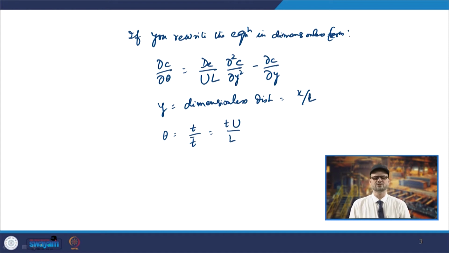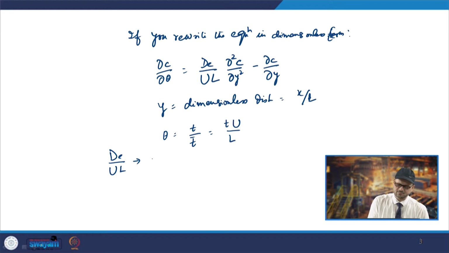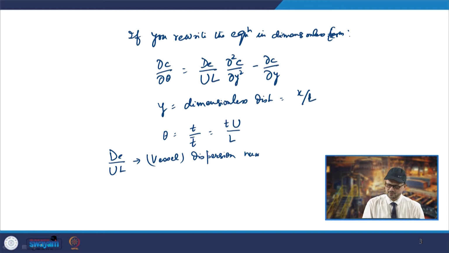Now if you see this equation, you have the term dE upon UL. This is a dimensionless group, known as the dispersion number or the vessel dispersion number.